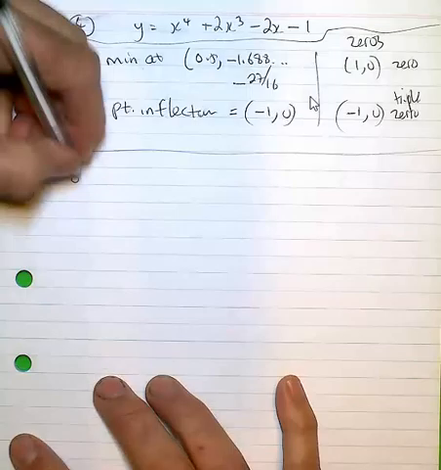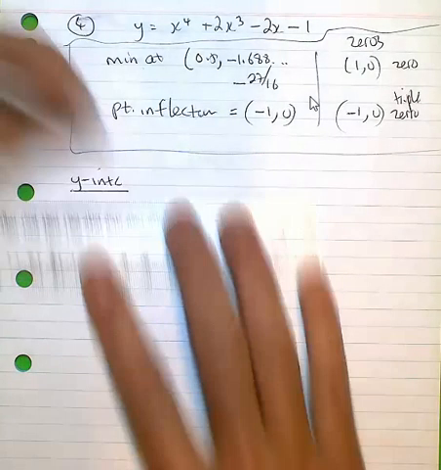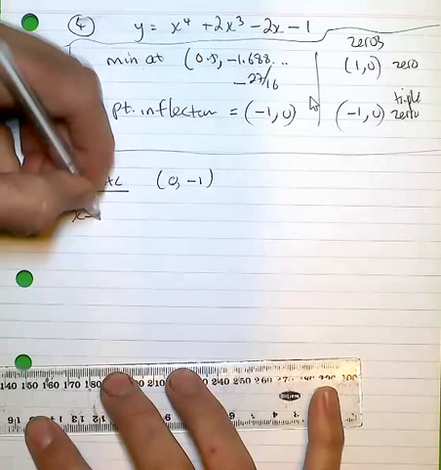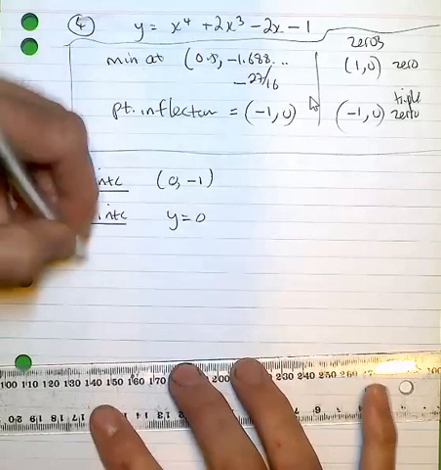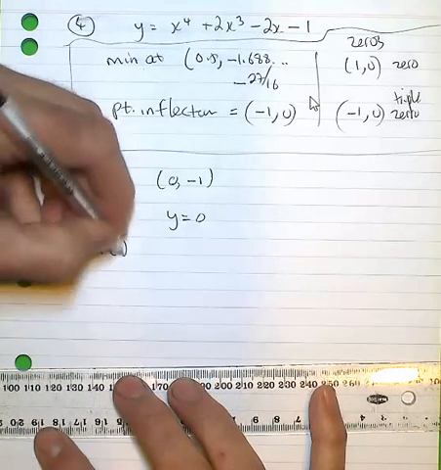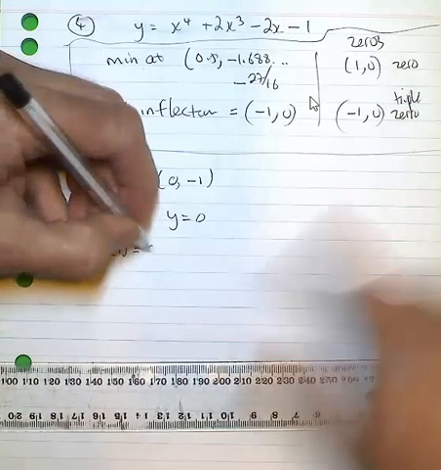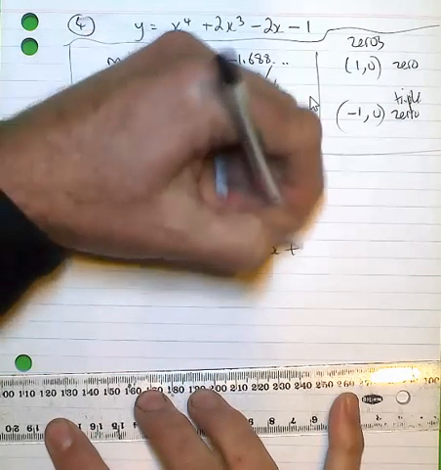Now, first thing I do, as we've done for a long while now, the y-intercept, when x is 0, negative 1. Now, the x-intercept occurs when y is equal to 0. And look, I have to do some fiddling around here. If I plug in, and I know that from here, f is equal to 0 at 1, so x minus 1 is a factor.